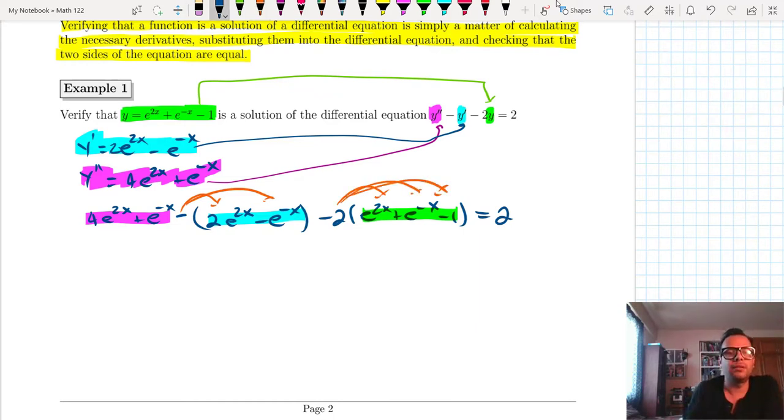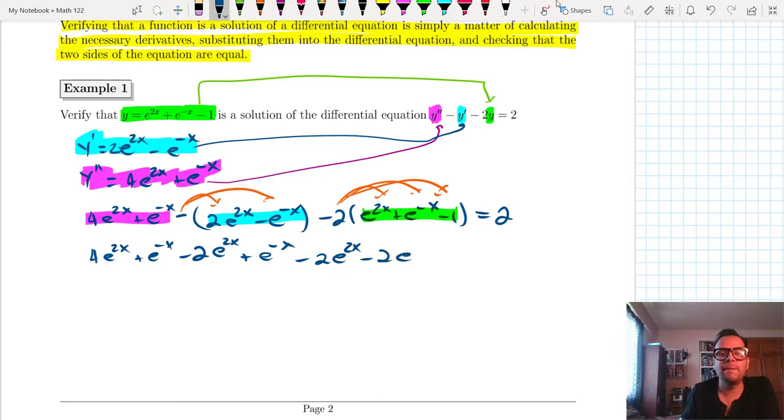So what are we going to get? The first two terms remain the same: 4e to the 2x plus e to the negative x, minus 2e to the 2x plus e to the negative x, minus 2e to the 2x minus 2e to the negative x, plus 2. Is that equal to 2? Let's find out.